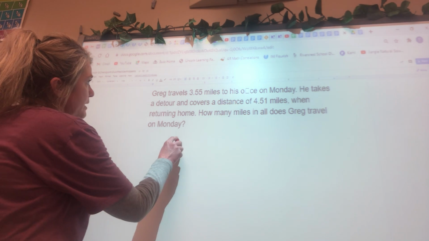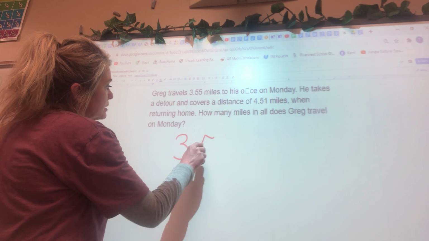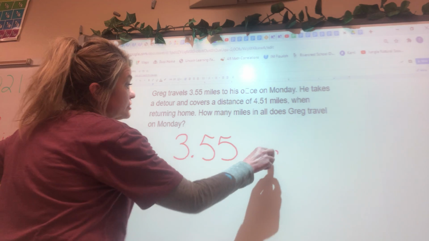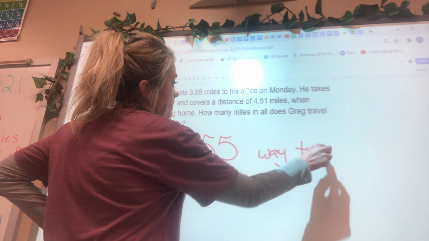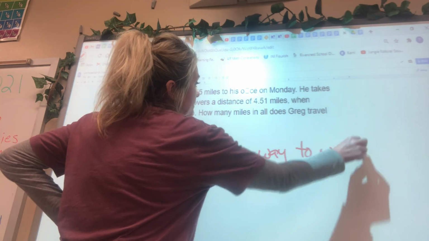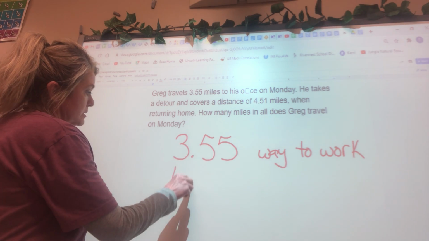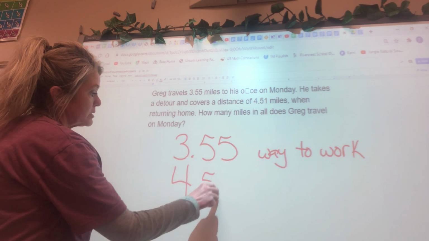So we know that he traveled 3.55 miles on his way to work. Okay, and then it said he took a detour that covered a distance of 4.51 on his way home. So that detour was a little bit further, wasn't it?